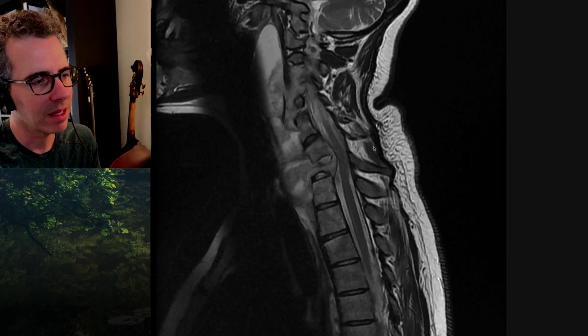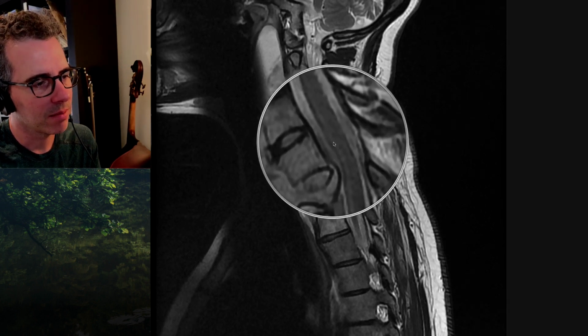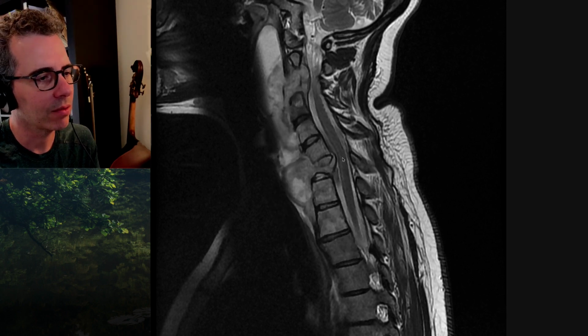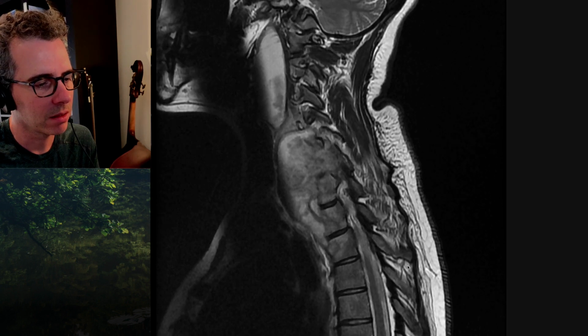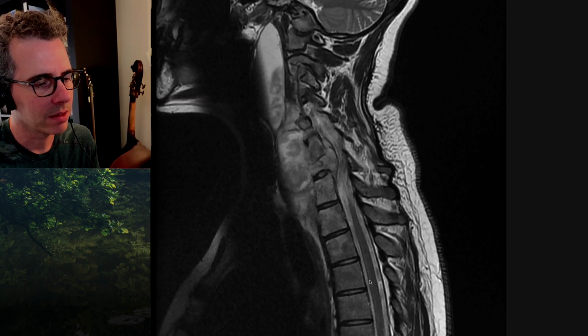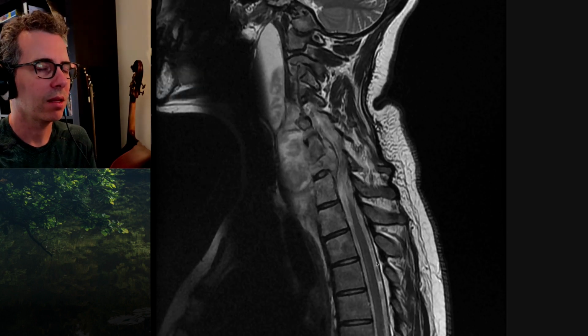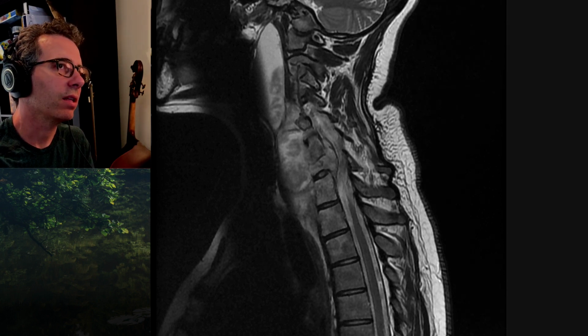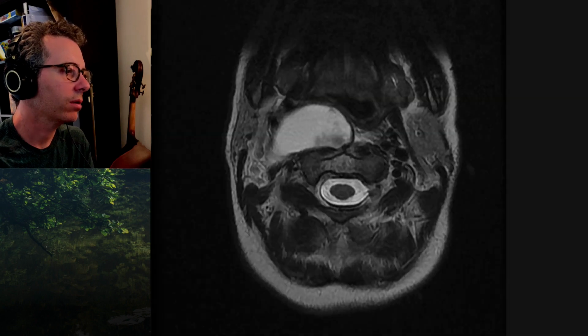But in something like this, you wonder, there's some anterior linear subpial high signal, which you are tempted to call. But then when you look in the upper thoracic spine, you get areas of anterior subpial high signal as well. Remember, in the cord there's a left to right division, and anteriorly it's quite deep.